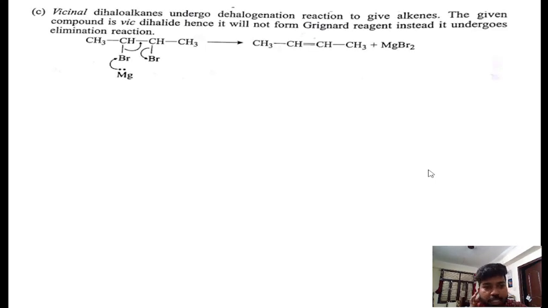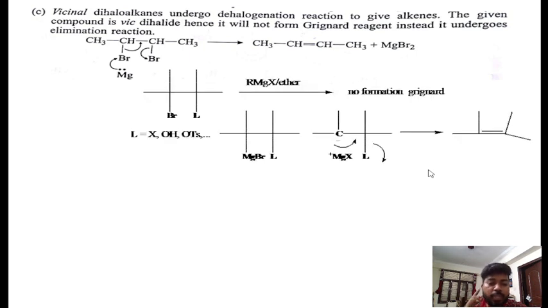The third limitation is 1,2-diols, which undergo dehalogenation to give alkene instead of Grignard. Suppose one of the halogen atoms reacts with magnesium in ether and forms a Grignard like this. After that, this R minus acts as a nucleophile, and through this bond undergoes elimination, giving alkene as a product.